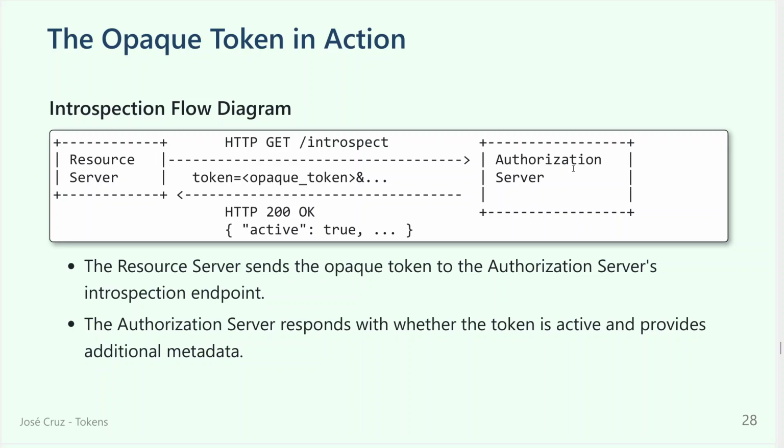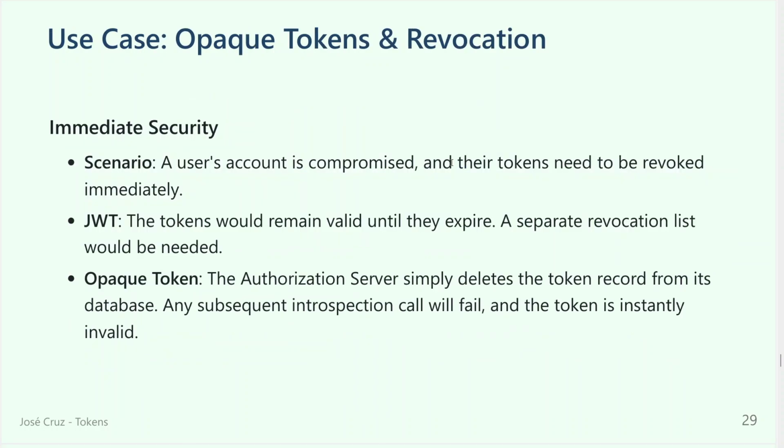It sends this information to the server. Of course, it should send the token, and then you receive a response saying whether it's active or not. And if it's active, sometimes it provides additional information that is necessary for the resource server. That's how the opaque token works behind the scenes.